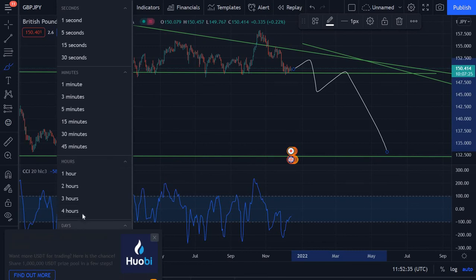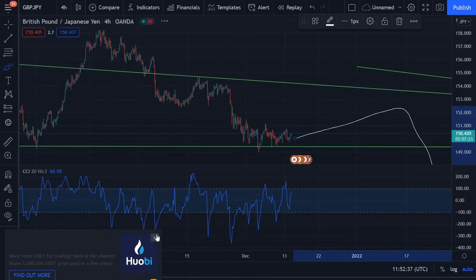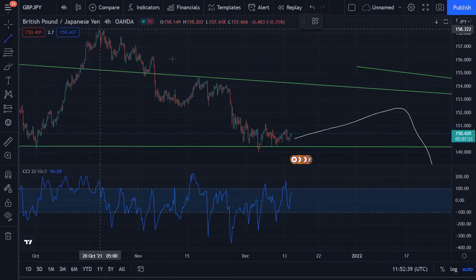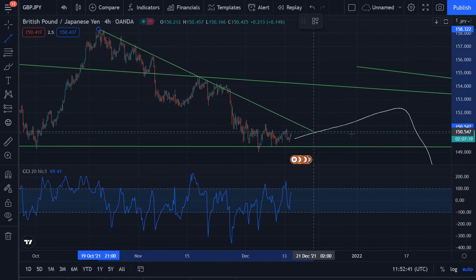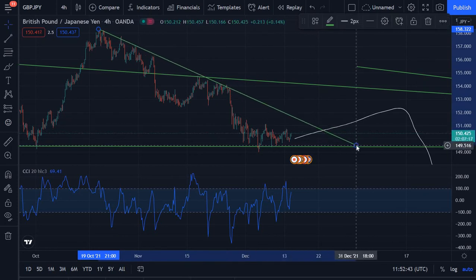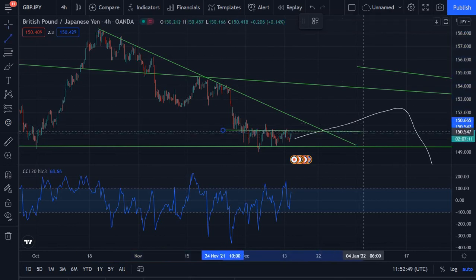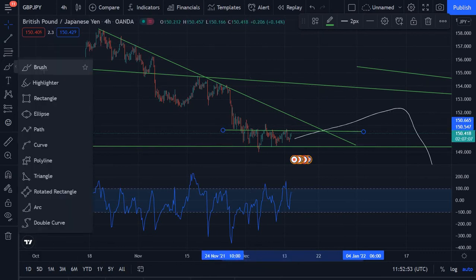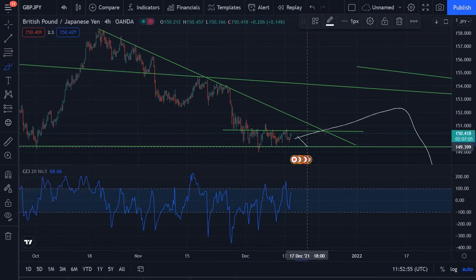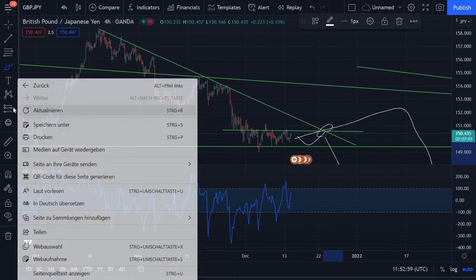So on the 4-hour chart, let's see what's happening here. Here this nice downtrend, going back and forth. So if you reach this trend line here at these highs, I would look for a short.